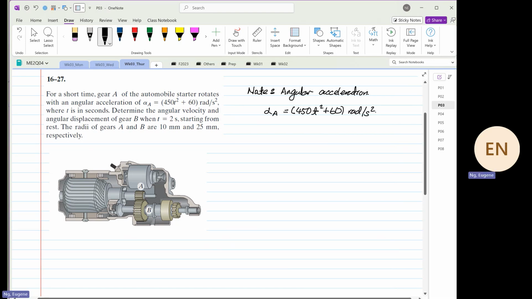So what this means is, when time gets bigger, what will happen to the acceleration, anyone? It will go higher, yes or no? If you were to sketch a graph, how will you sketch it?